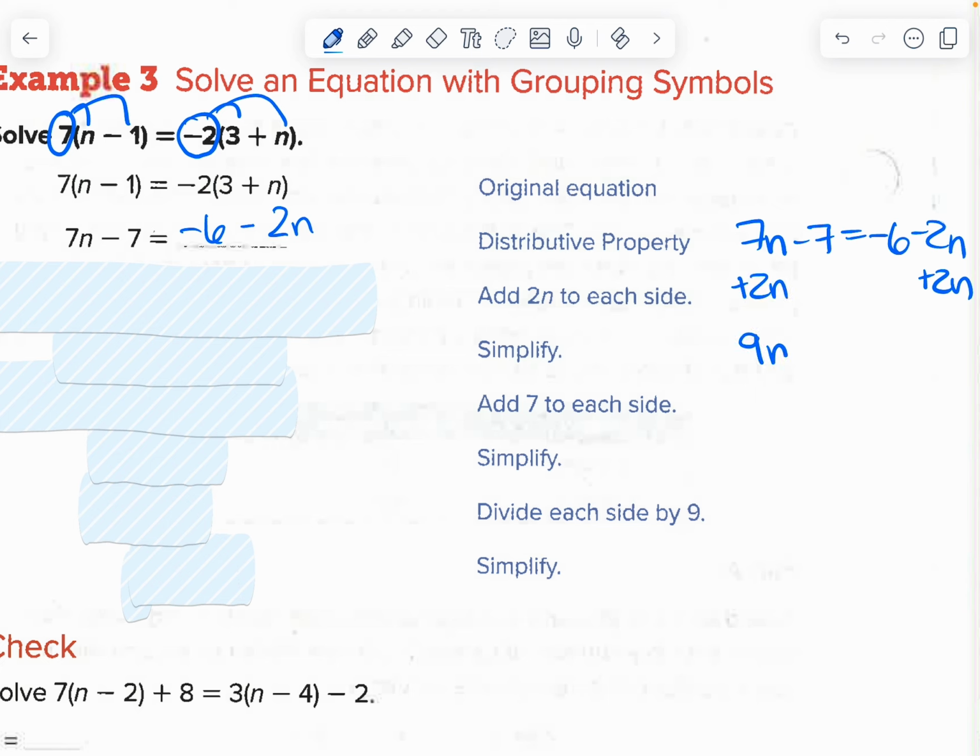I get 9n minus 7 equals -6. Get 7 to the other side, I'm going to add 7. 9n equals 1. I'm going to divide both sides by 9, and I get n equals 1/9.